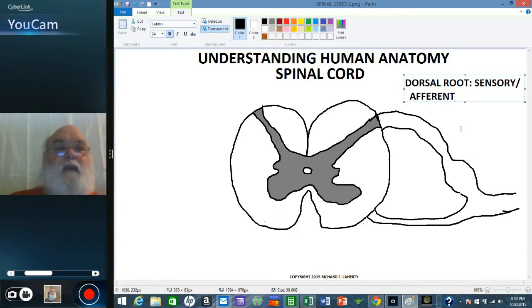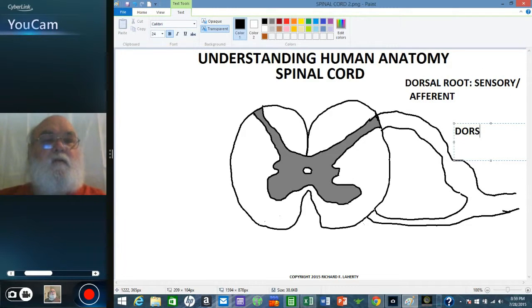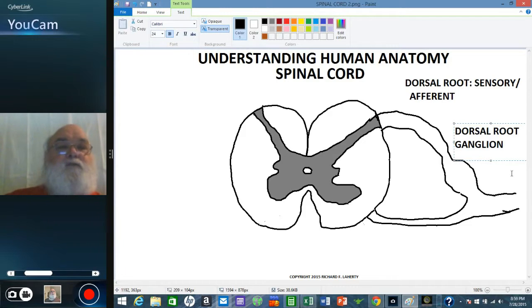The expanded area is the dorsal root ganglion. And the dorsal root ganglion, since it's part of the dorsal root, will also be sensory.